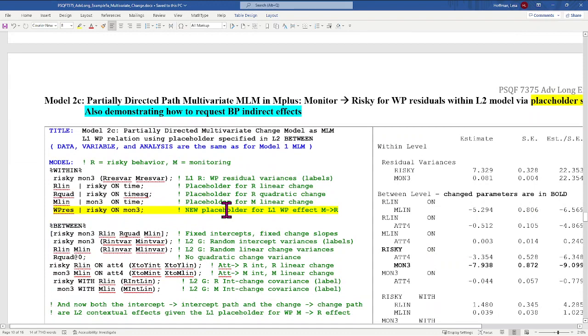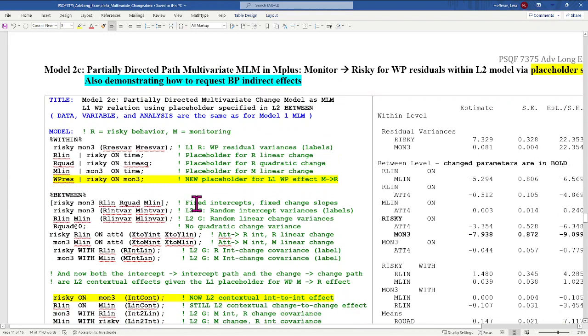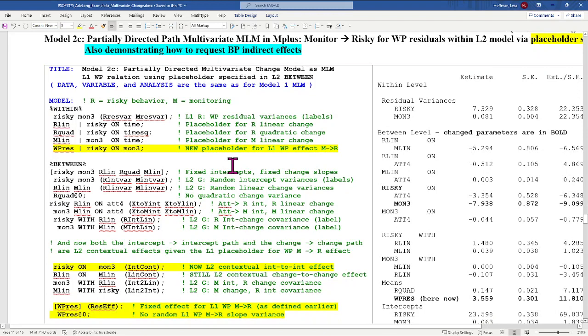All right, now changing how I ask for the level 1 slope. So in the previous model, all I had was this part, meaning that I'm defining the level 1 fixed slope directly in the level 1 model, which means that it is using the within parts of the original variables to do it. In M+, when you're using maximum likelihood estimation, and you introduce a placeholder for a level 1 slope, then the random slope and the fixed slope no longer apply to just the within person part of the variable.